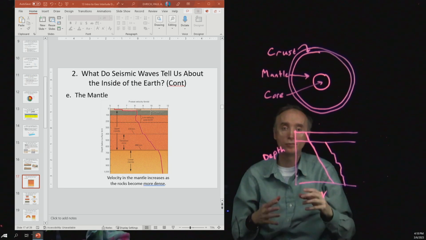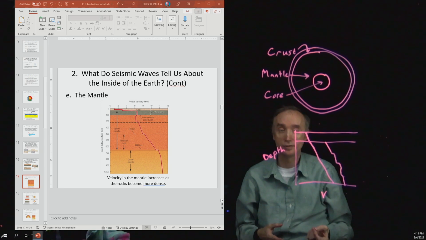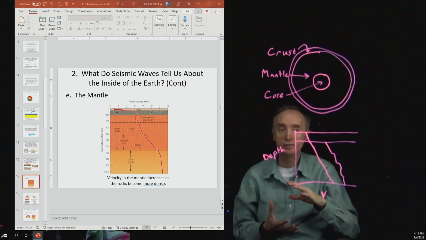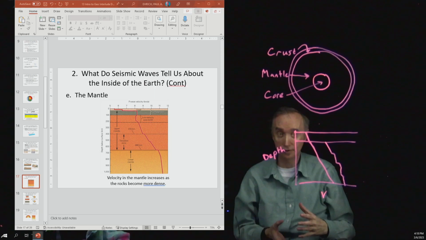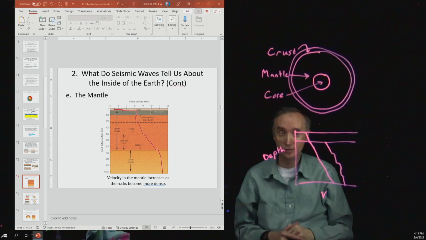So we're going to call this a phase change, when you have the same mineral but it has a different atomic structure because of the pressure it's under.